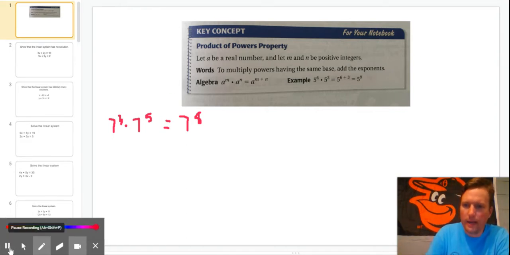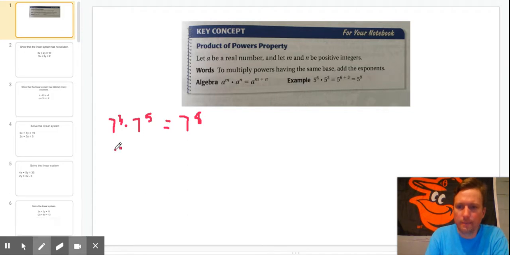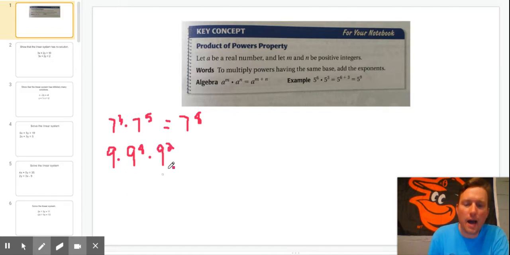The next one is 9 times 9 to the power of 8 times 9 to the power of 2. Now, when we have exponents like this, this 9 actually acts like 9 to the power of 1.